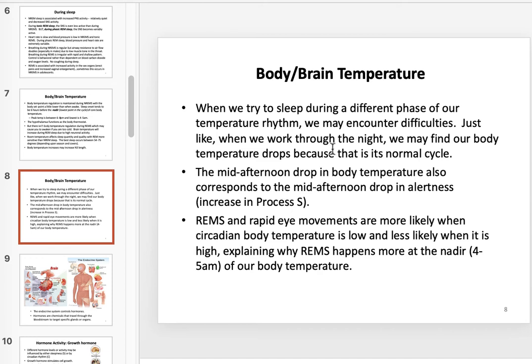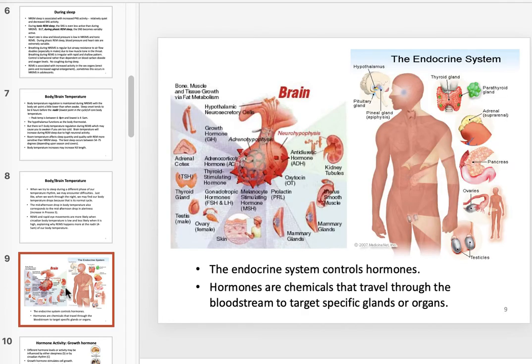And then if we try to work at night, we may find that our body temperature is dropping, so it's easier to get cold at night if we're trying to work through the night on an all-nighter. And so body temperature definitely plays a big role in the interaction.